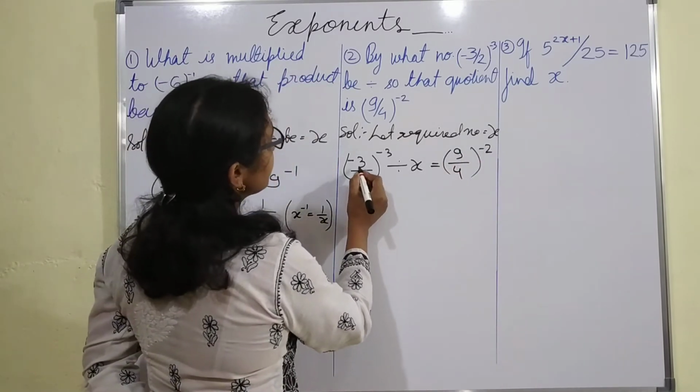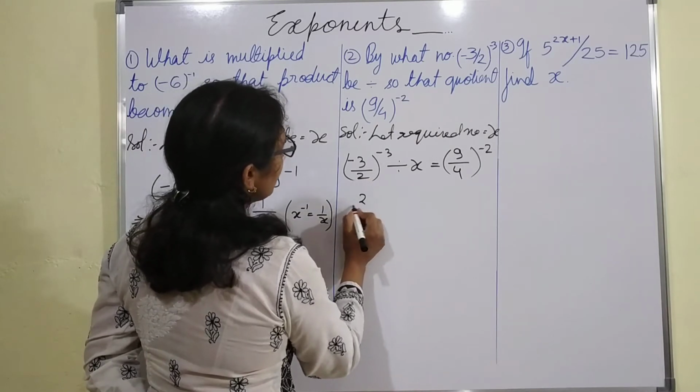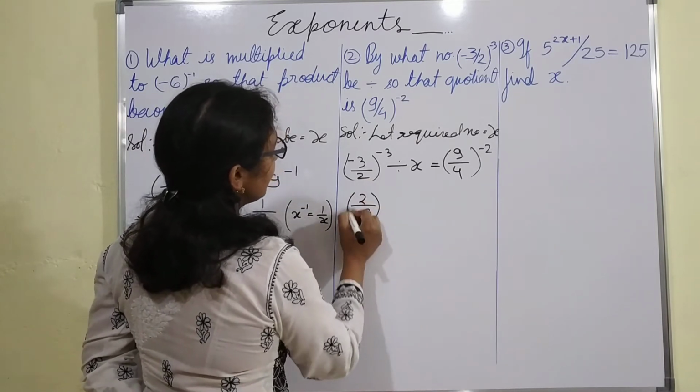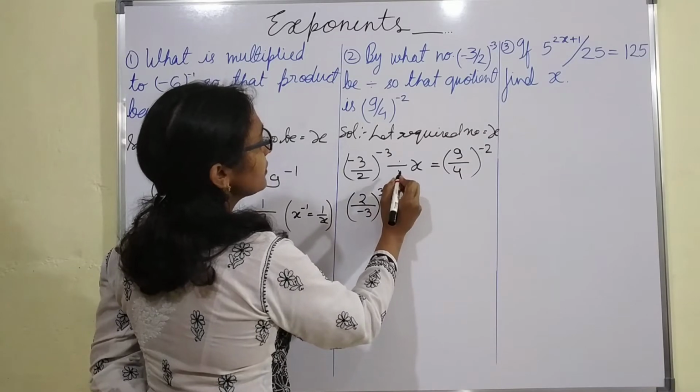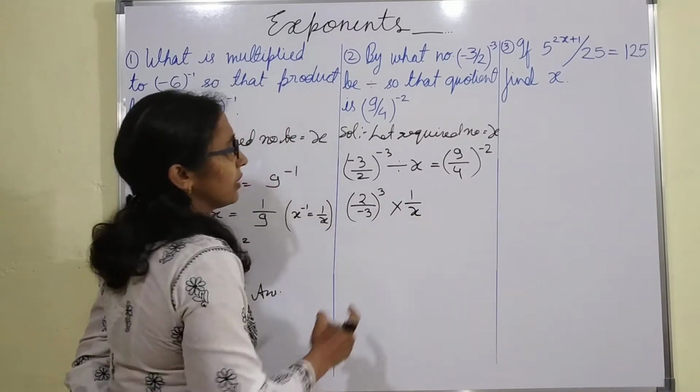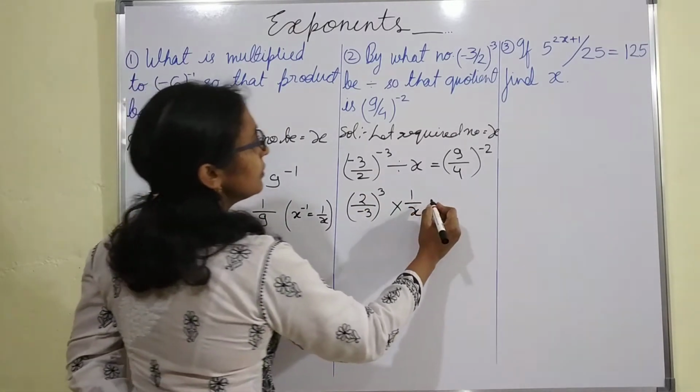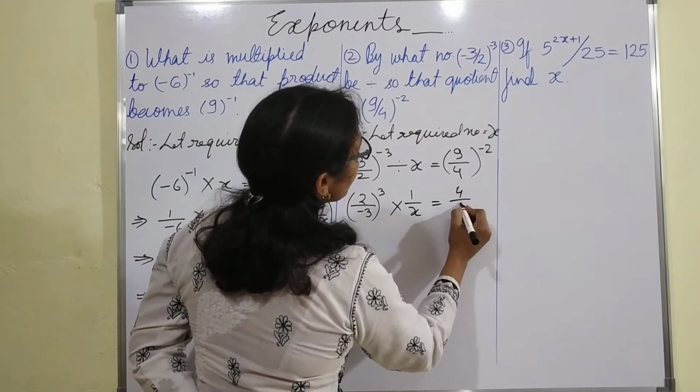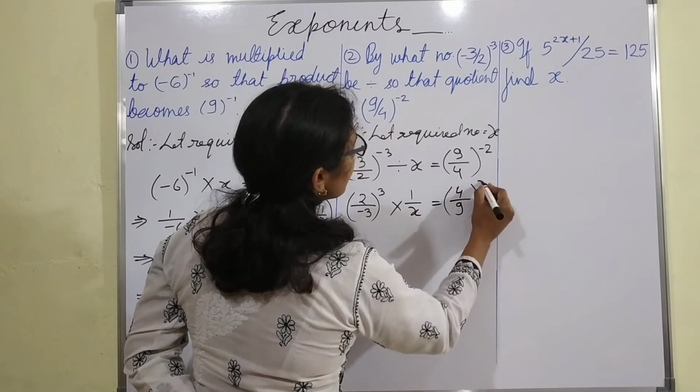It will become 2 upon minus 3 power 3. Now multiply, it will become reciprocal. Then 4 upon 9 power 2.